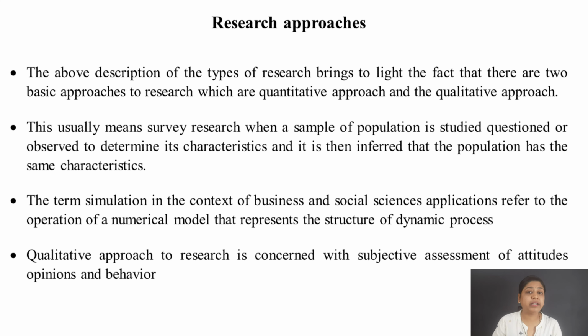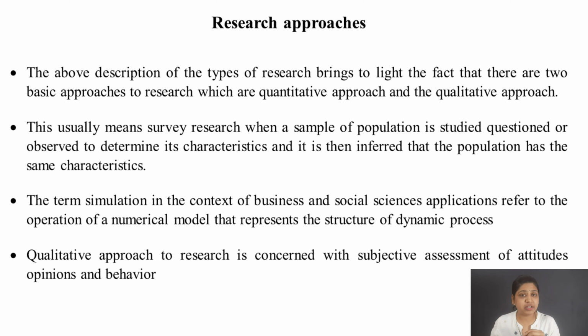Now let us see what are the different research approaches. The above description of the types of research brings to light the fact that there are two basic approaches to research, which are quantitative approach and the qualitative approach. This usually means survey research, when a sample of population is studied, questioned or observed to determine its characteristics and then inferred that the population has the same characteristics.